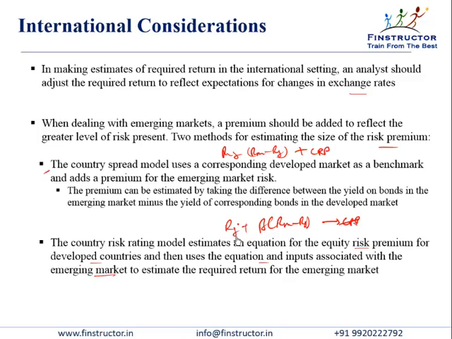So use the emerging market risk-free rate, the emerging market beta, the emerging market risk premium, so that you don't have to add a country risk premium. Here we added a country risk premium because all these inputs came in from the developed market, and then we had to add a premium. So these are the two approaches in which you can incorporate international considerations into your required rate of return.